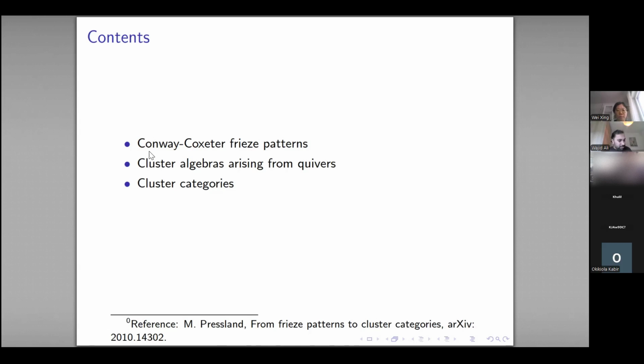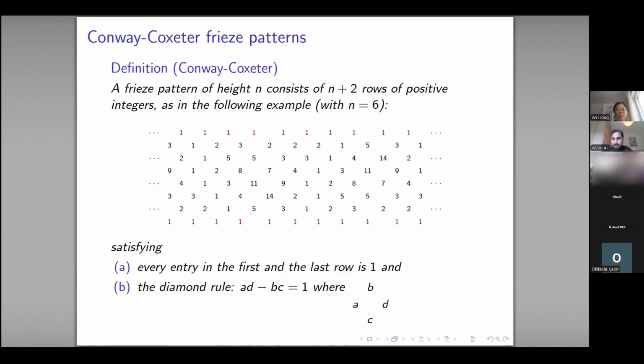So maybe let's just continue with the definition of a Frieze pattern. A Frieze pattern consists of a strip of positive integers such that the first row and the last row only consist of ones.